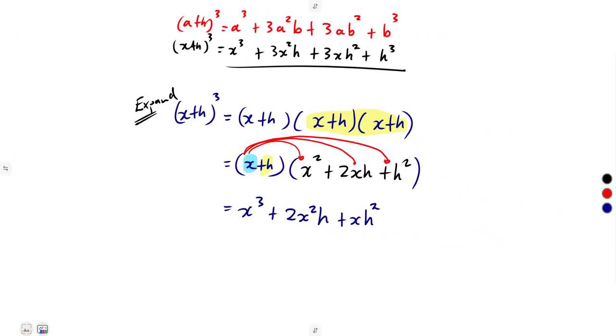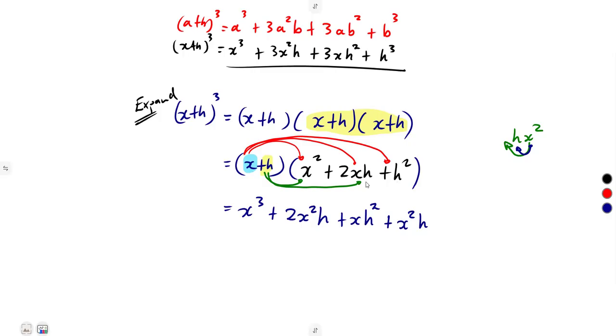Then we move on to the second term, which is h. So h times x squared. Using this order where we started with x followed by h, it was supposed to be hx squared, but we are going to start with x squared, just for the sake of like terms so that you can properly see your terms. So this is plus x squared h. The same thing here: h times 2xh.